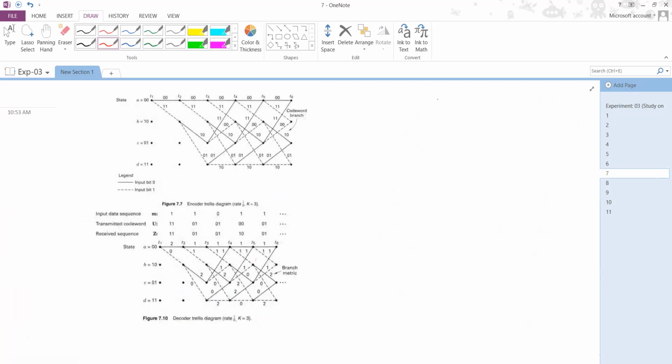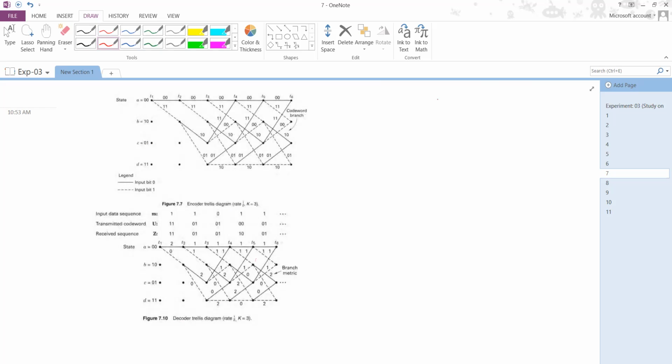So we have to successfully decode the message signal from the input bit that we try to send, and get out the original message signal that is sent from the input side, or the sender side. And we have to get the original signal successfully at the output side, or the receiver side. This can also be done by the trellis diagram, that means the decoding. This decoding is called the Viterbi decoding.